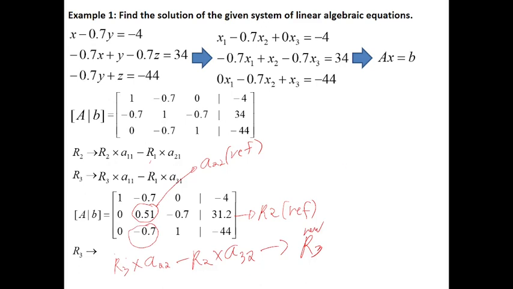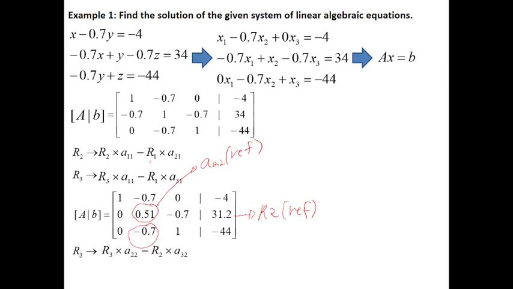In short, R3 times A22 minus R2 times A32 equals R3 new. Ngayon, pag ginawa mo yung process na yan, ito ang lalabas na sagot.